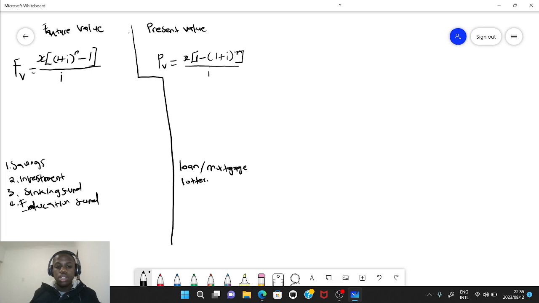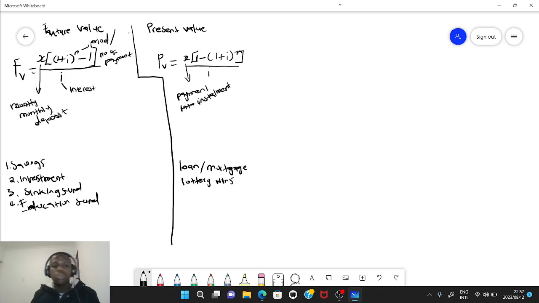It will be a deposit whenever we're saving or investing, all right? But coming to a loan or a mortgage, it will be a monthly payment or a monthly installment, right? And n means the period, i means the interest, right? And then PV simply means the present value, which is that amount of the loan. And then FV simply means the future value, which can be the amount of the savings or of the investment, right?